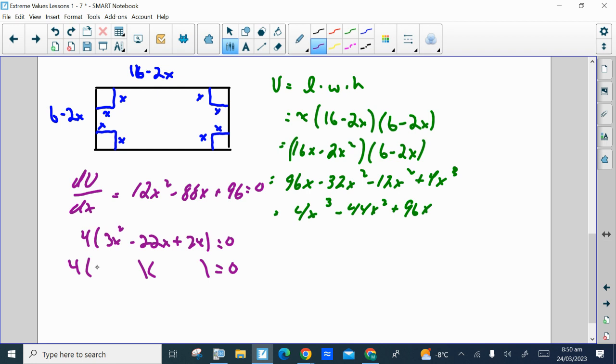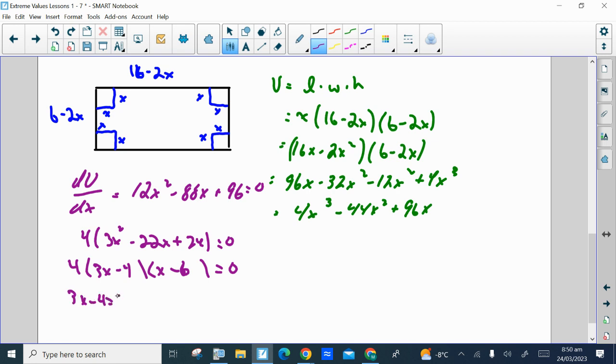So the front terms multiply to get 3x squared, so 3x and x. The last terms have to multiply to get positive 24, and when we multiply out the binomials, the outside and the inside products will have to combine to get negative 22x. So it'll work if you have a minus 4 with the 3x and a minus 6 with the x. The outer product is negative 18x, the inner product is negative 4x. That gives you your negative 22x.